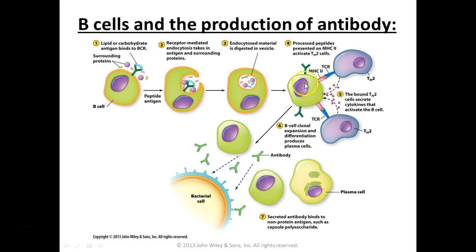So the B cells will be stimulated, they'll proliferate, some of them will turn into plasma cells that actually secrete the antibodies. Others turn into memory cells, right? That antibody binds to what it originally bound to. In this case, they're saying the capsule that's made out of a polysaccharide, out of a sugar, for this particular example.